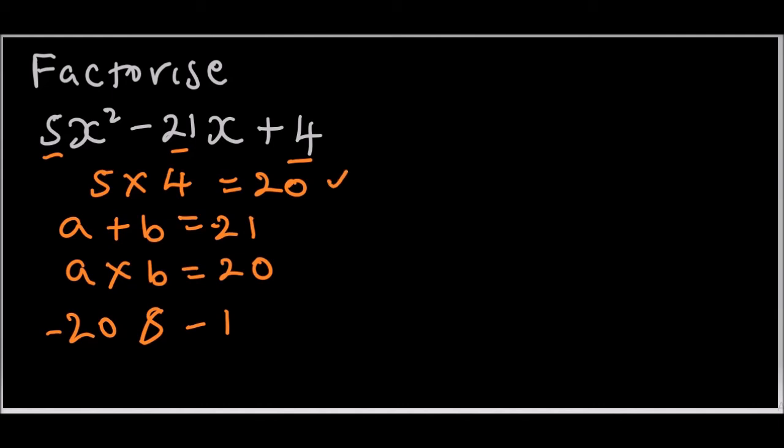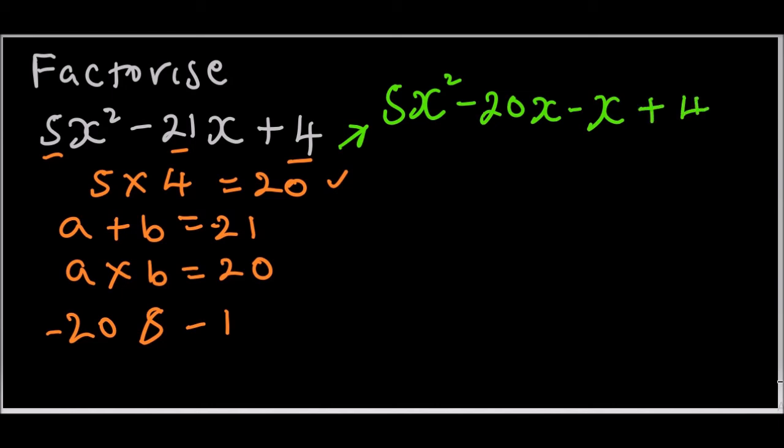So with that, we can go ahead and factorize, sorry for that. So this is what we do. We write 5x squared. Instead of minus 21x, now we write minus 20x minus x, that is 1x, and plus 4. So once we get there, it is easy for us to factorize what is common here.